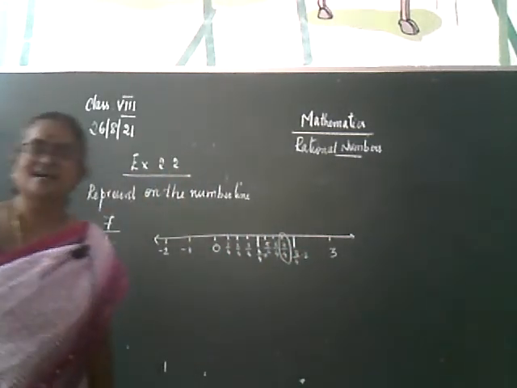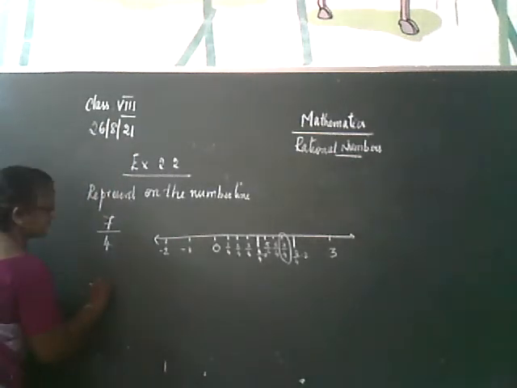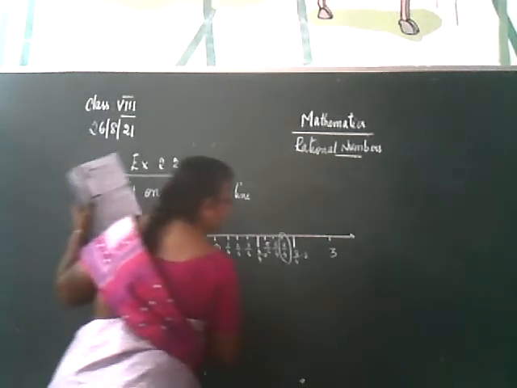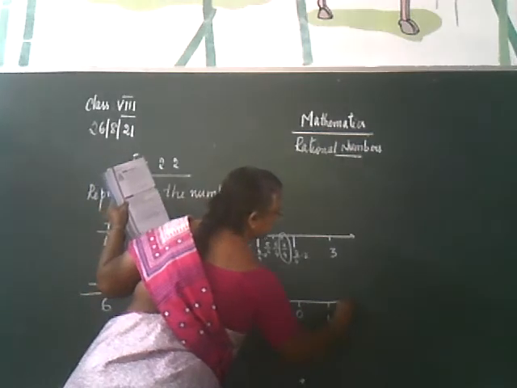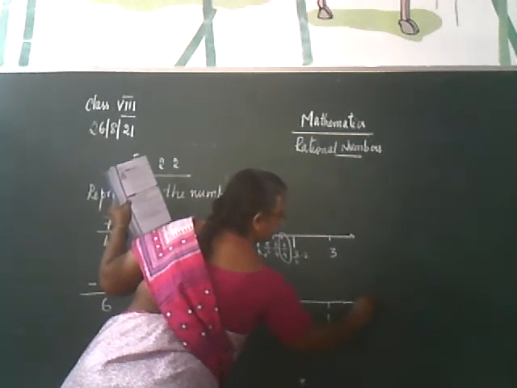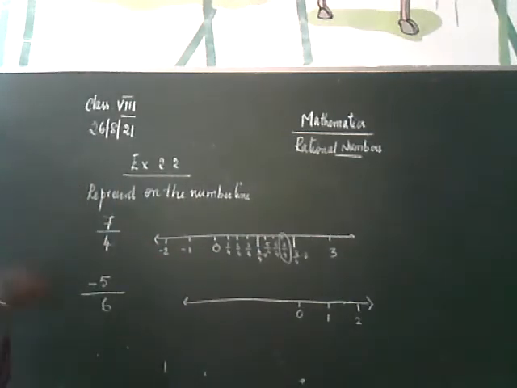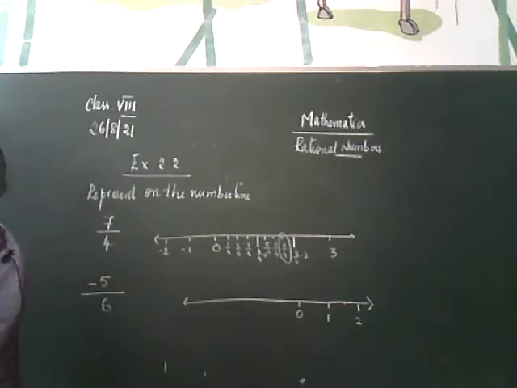Yes? Understood? Yes. Let me do minus 5 by 6. That means here it is negative. So let me move on to the negative side. Okay. If I move on to the negative side, see the denominator, it is 6.